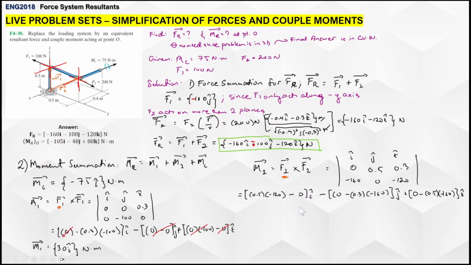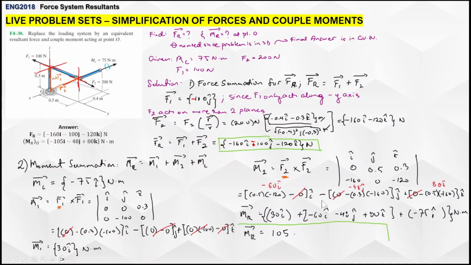Then you will have this one, expand and form, cancel all the zeros. The answer should be negative 100 i hat minus 48 j hat plus 80 k hat Newton meter. That's pretty much the final answer.